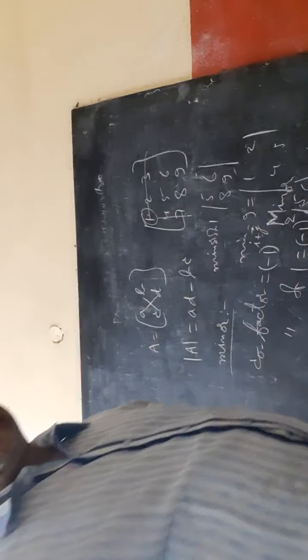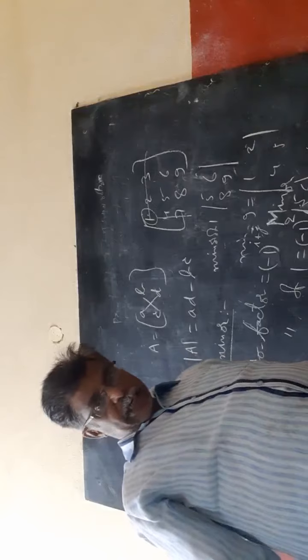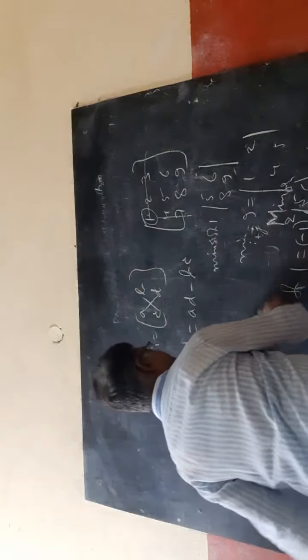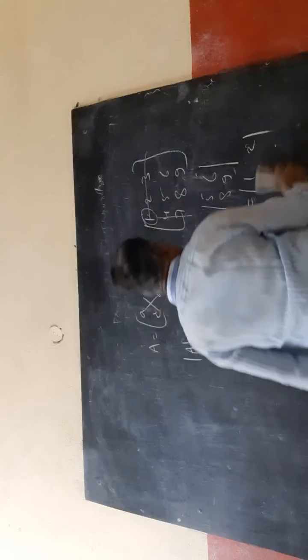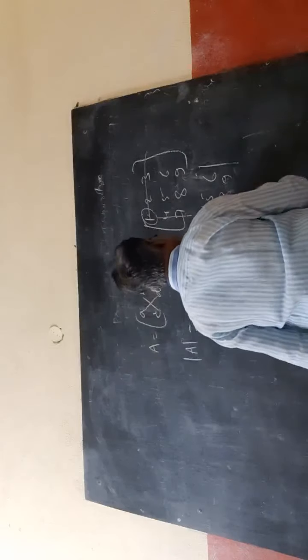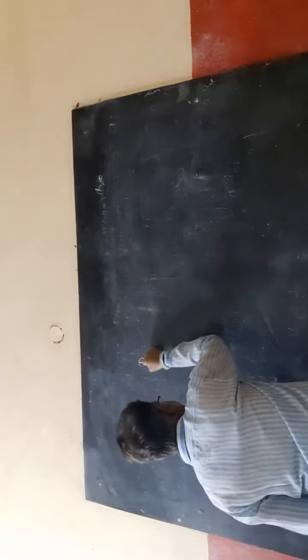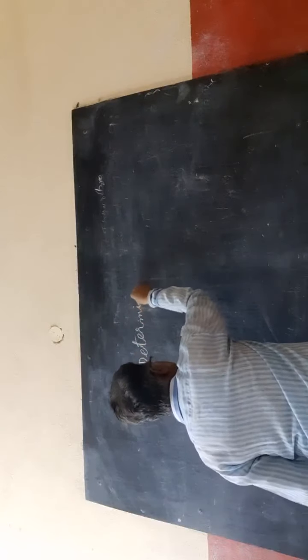Next, what is a determinant then? Determinant means the elements of any row or column multiplied by their corresponding cofactors and added together gives you the determinant.